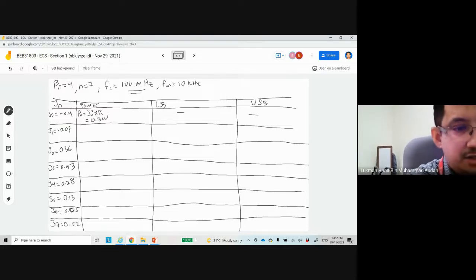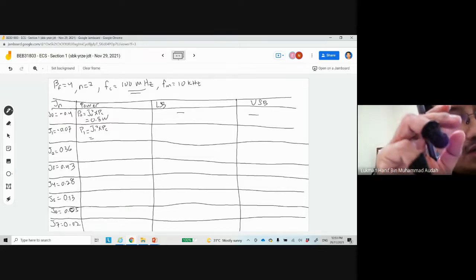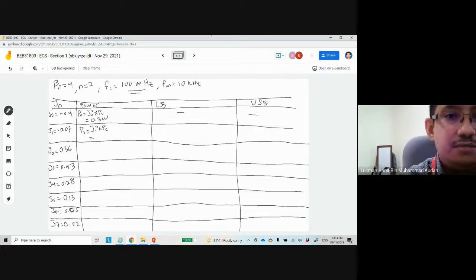The first sideband is P1 is equal to J1 squared times PC. Ni saya buat ringkas lah. Sepatutnya you masukkan nombor lah. Maksudnya masukkan negatif 0.07 kuasa 2 darabkan dengan 5, PC is 5 watt.